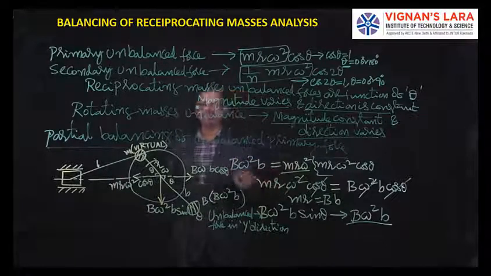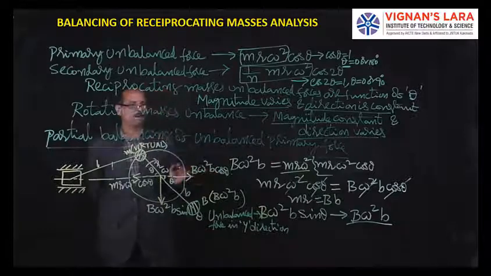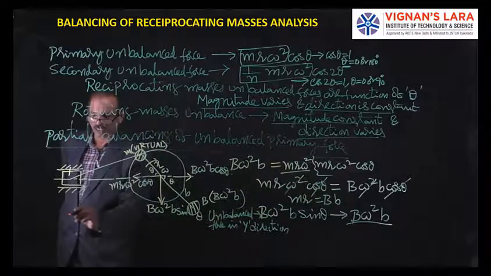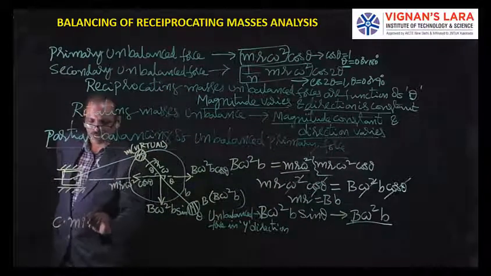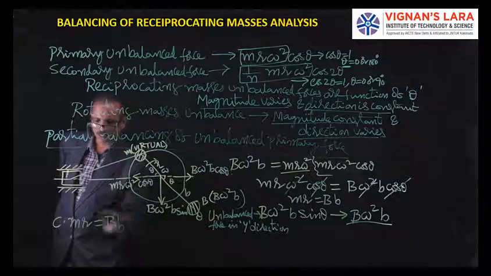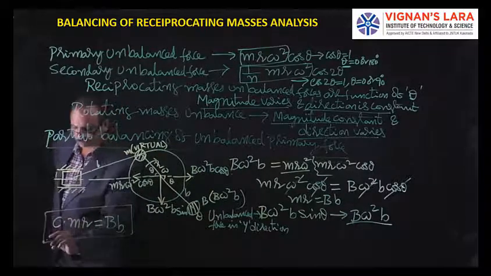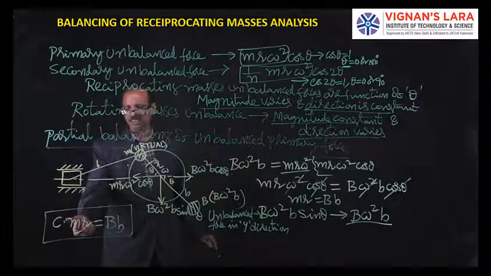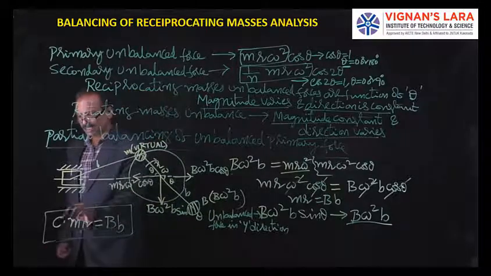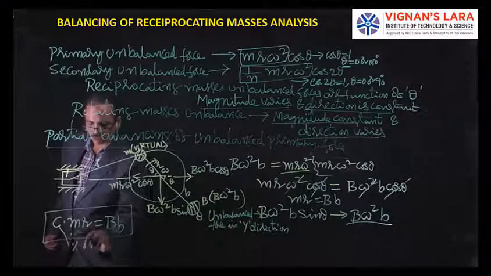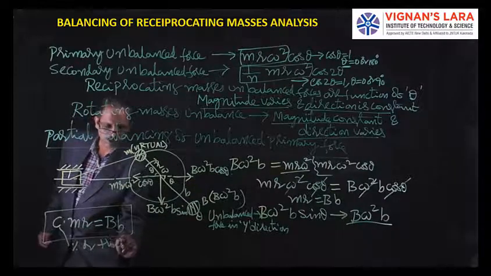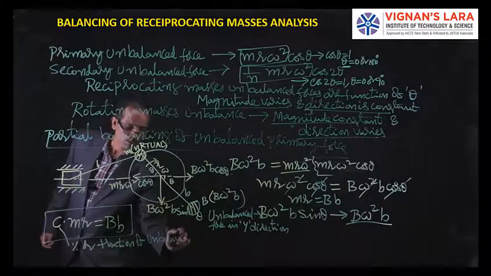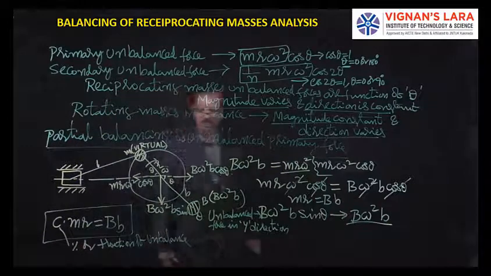It is only possible to balance the reciprocating masses partially, such that instead of equating mr to bb, we balance partially by an amount of c times mr. We balance some part of the unbalance, that is c times mr. What is this c? c is the percentage or fraction of unbalance, isn't it?